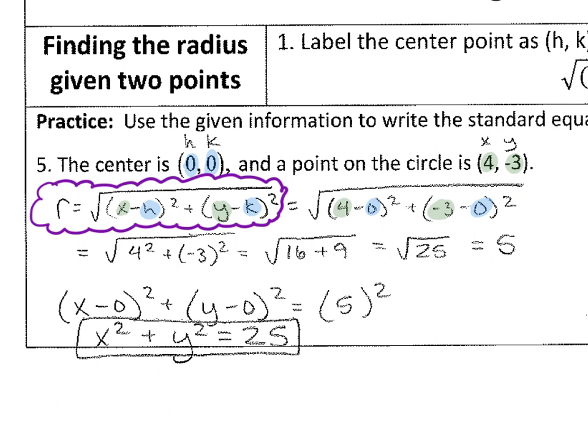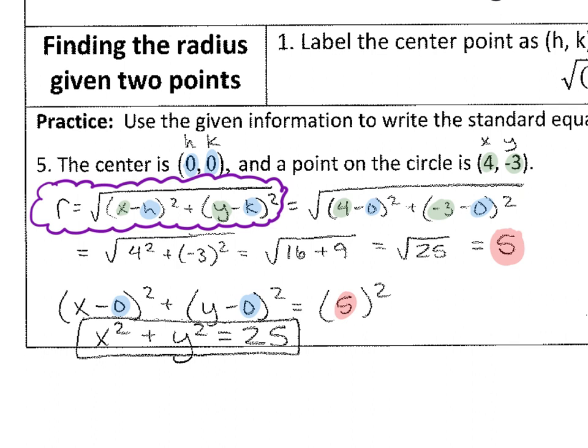So again, I showed my work on doing this by hand, but this entirely is numbers. Throw it in a calculator, you would get 5. So now that I have the radius, which is what I was solving for, I can take the h, the k, and that radius and put it into the regular equation to write the equation of the circle.